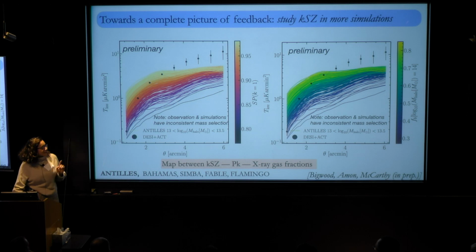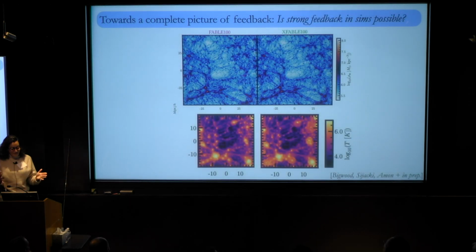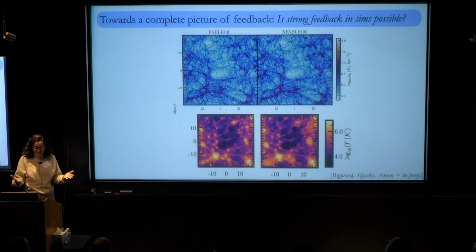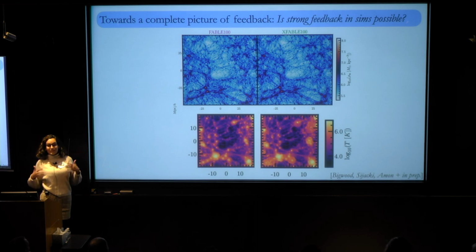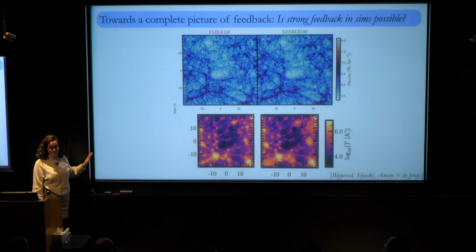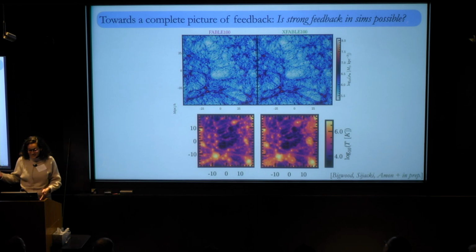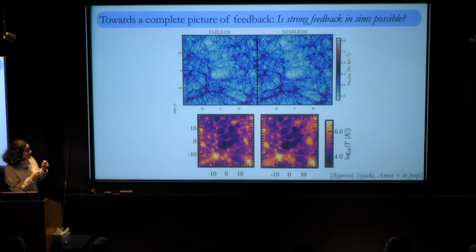But really, the other way that we wanted to tackle this is to ask the question, given that we now trust our evidence, there is evidence that there's extreme feedback, more extreme AGN feedback than what the simulations are predicting, is this even possible? Can we get this in our hydro simulations without breaking consistency with all of the other observations? And so Leah and I teamed up with Deborah Sajaki and the Fable hydro simulation suite to test this.